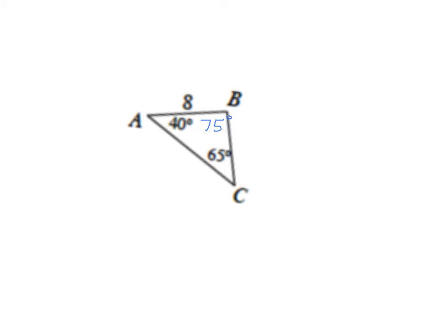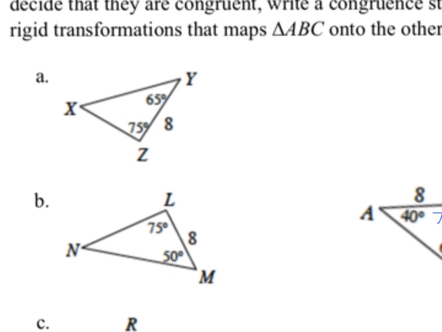Okay, so that's 75. Knowing that now, it's helpful if I do the same for the other ones, just so we have them. So on A, what would be angle X? 40. So 165 plus 75 is 140, so that'd be 40 degrees.